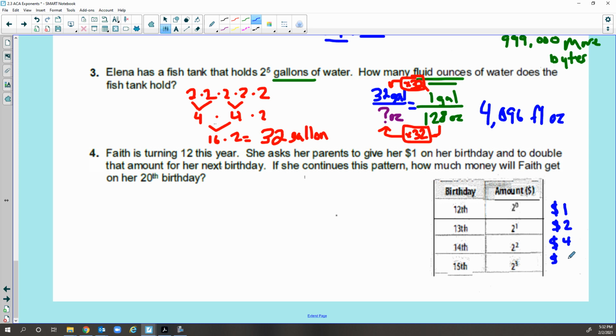That'll double the last thing, which is $8. We want to see how much money she's going to get on her 20th birthday. So to me, what's going to happen here is we just got to skip ahead to the 20th birthday. So that's really going to be 2 to the 8th power.